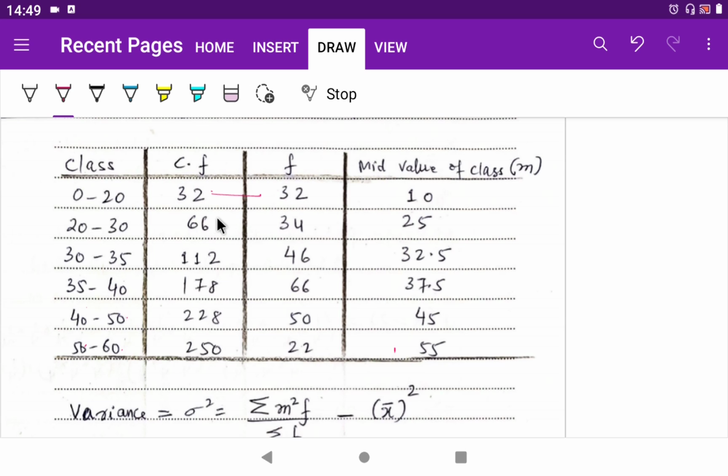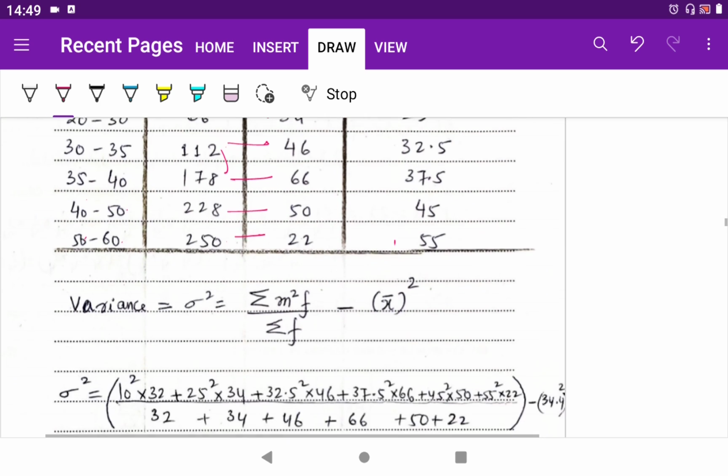Now 66 minus 32 will be 34. 112 minus 66 is 46. Now 178 minus 112 we get 66, 228 minus 178 is 50, and 250 minus 228 is 22. This is how we get the frequencies.